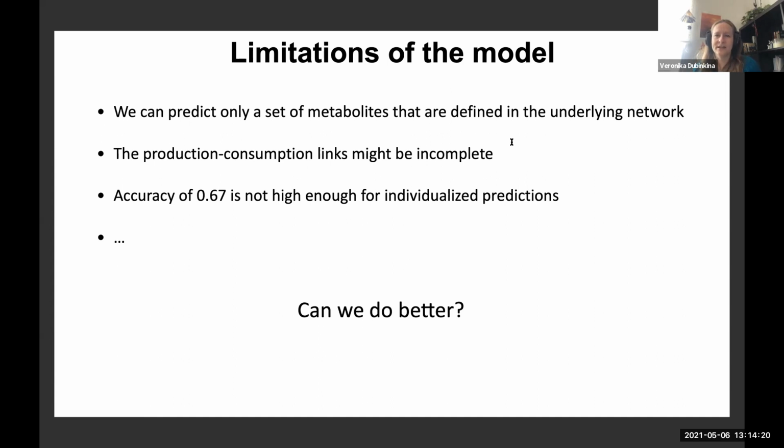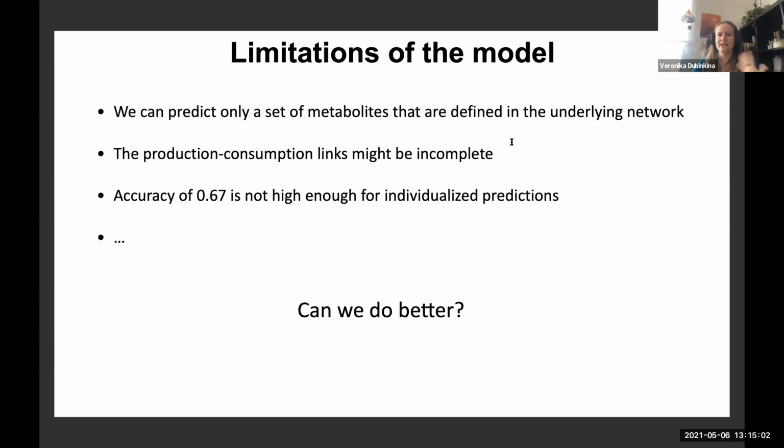Another limitation is that this database is based on previously published research, and we haven't really studied all microbial species in the human gut in detail, so we are definitely missing a lot of production and consumption links in this network. So we have to fill them in somehow. And then another thing is that this accuracy of 0.67, although it's comparable to other machine learning techniques that are out there on the market, is still not high enough to make individualized predictions for different patients.